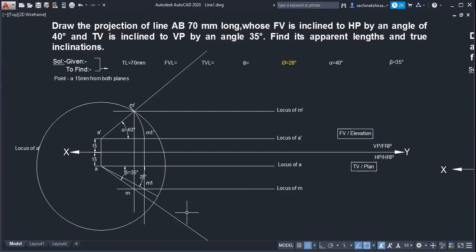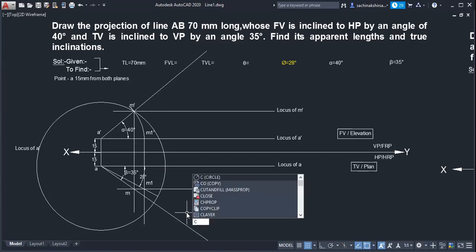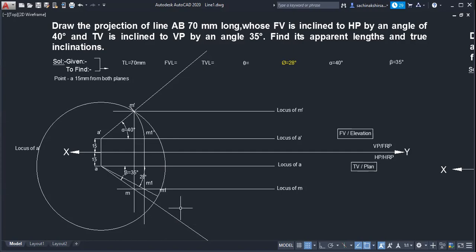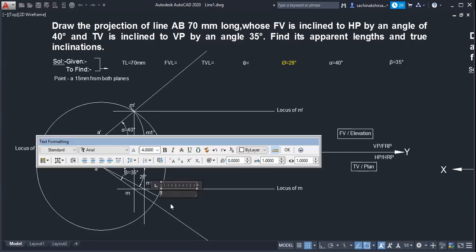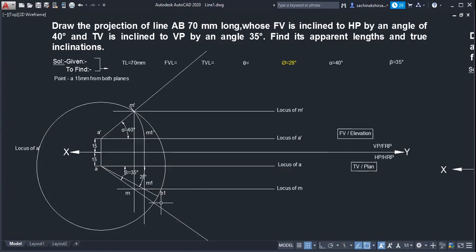Shall I say B1? Yes, sir. That point will be B1, because this is not the final point. So this point will be B1, and this I will remove.